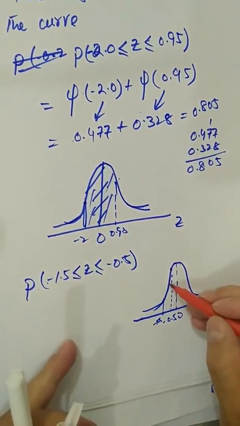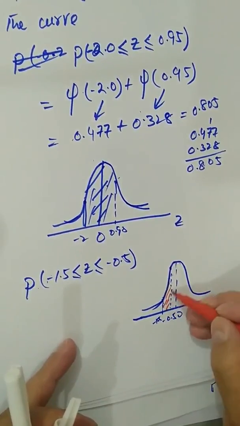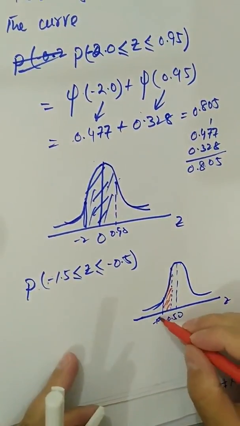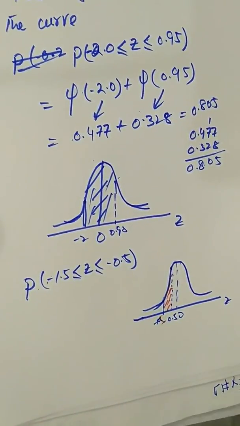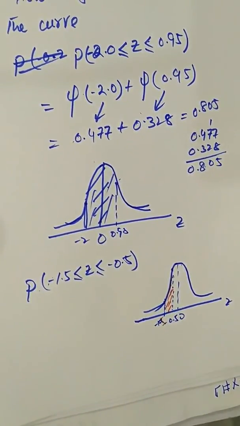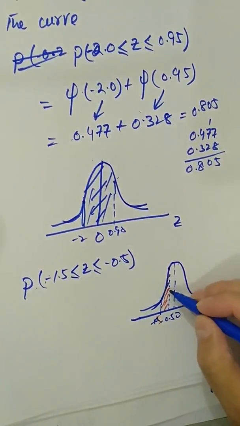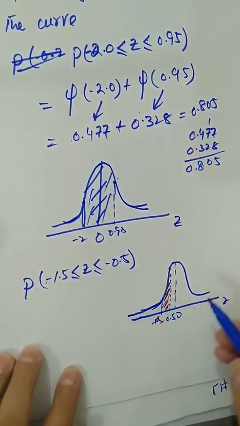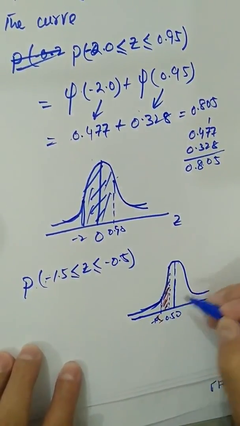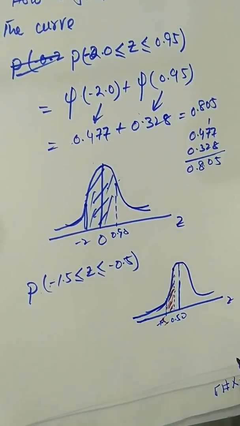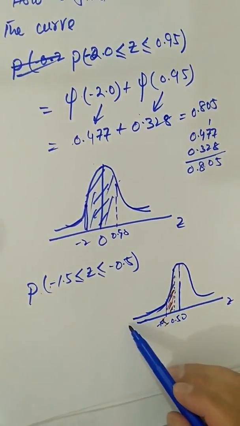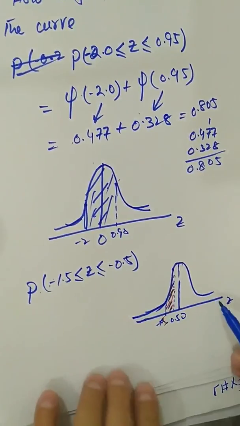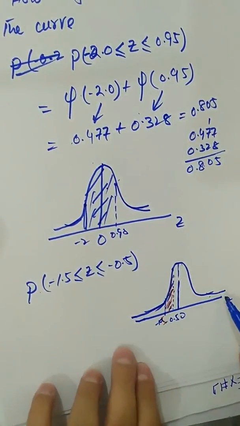So I have to find the area in this red region. So what would be the area when z is equal to 1.5? How will I find this? On the left side, the total area is 0.5, and on the right side the total area is 0.5.